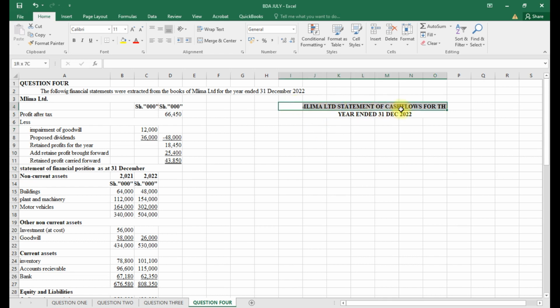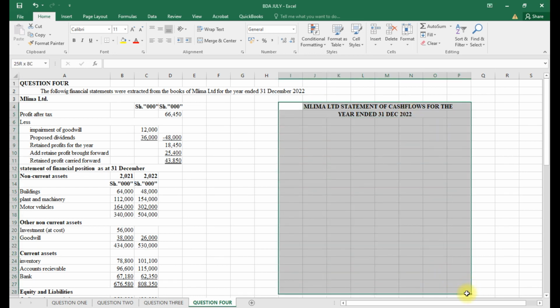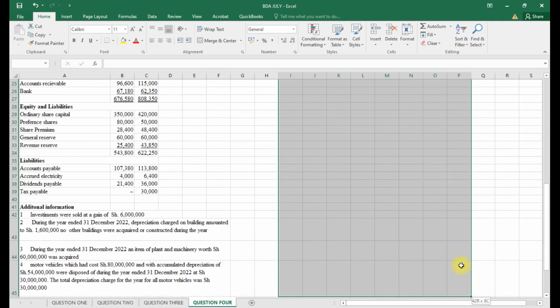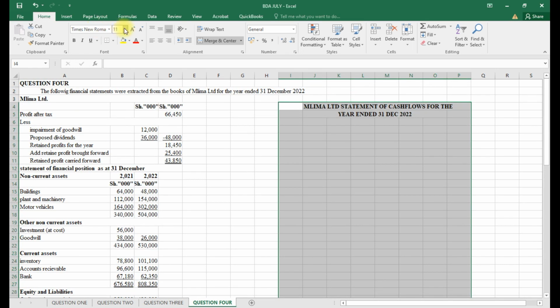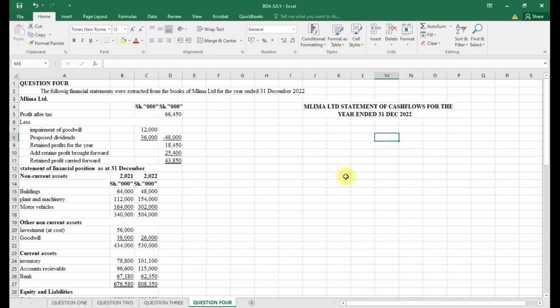I need this area that I will be using for my work, all of it to be under Times New Roman, font 12. And I will start with operating activities.